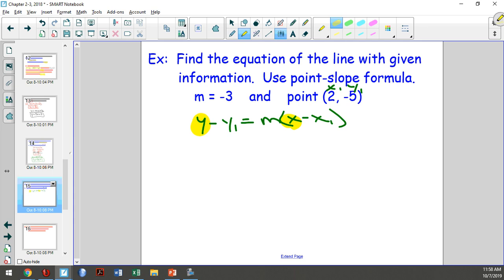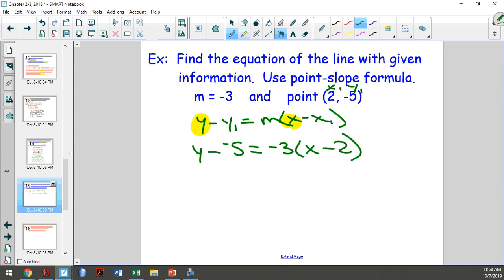I repeat, I'm going to keep the y and the x that are highlighted, and everything else turns to numbers. So with that being said, y stays, y1 is -5, m is -3, x stays, and x1 is 2 there. Yes? A double negative creates?